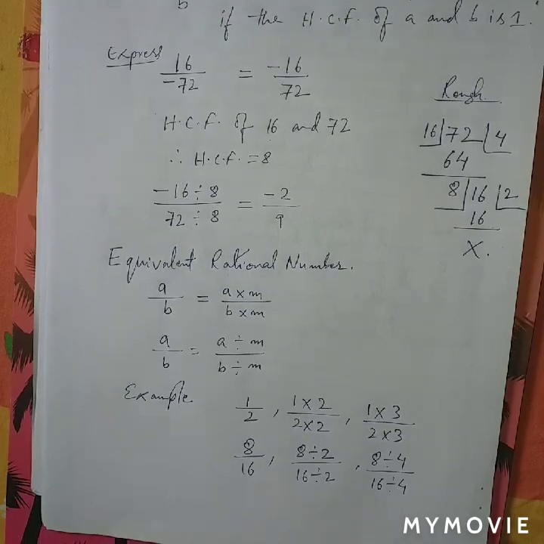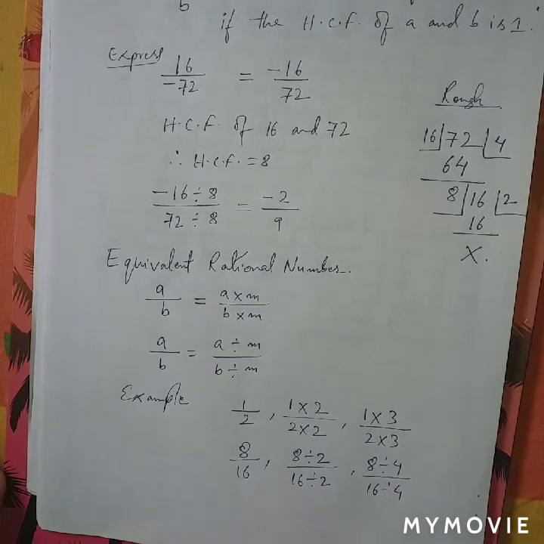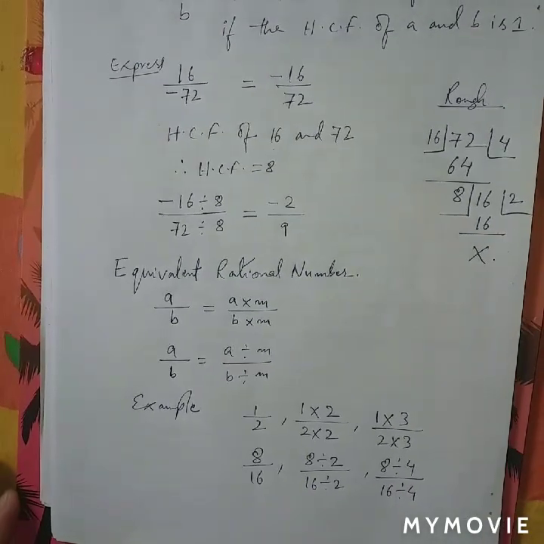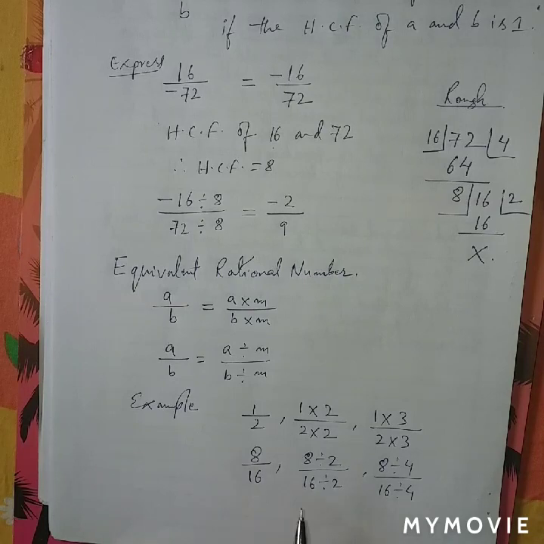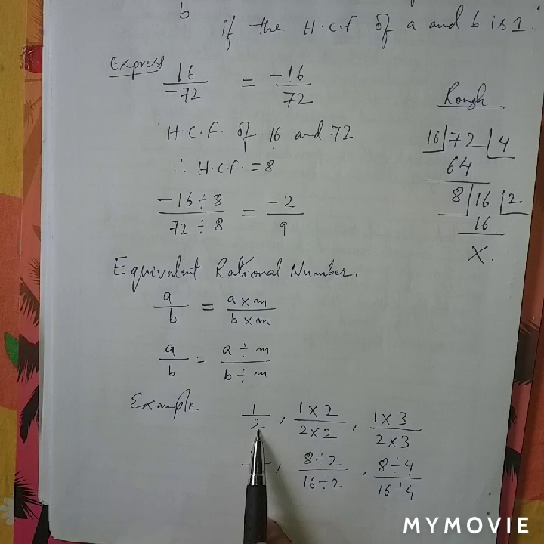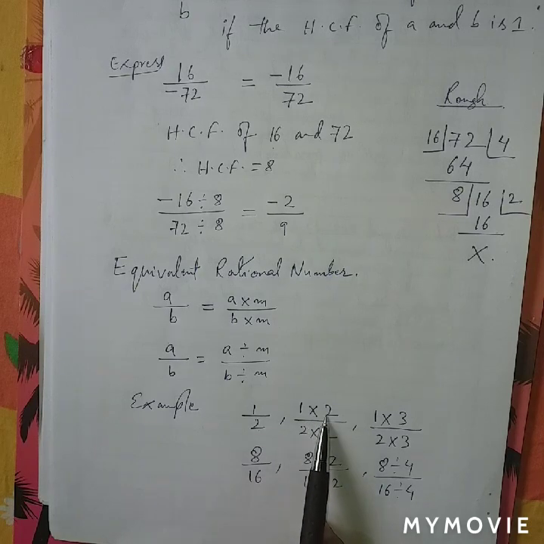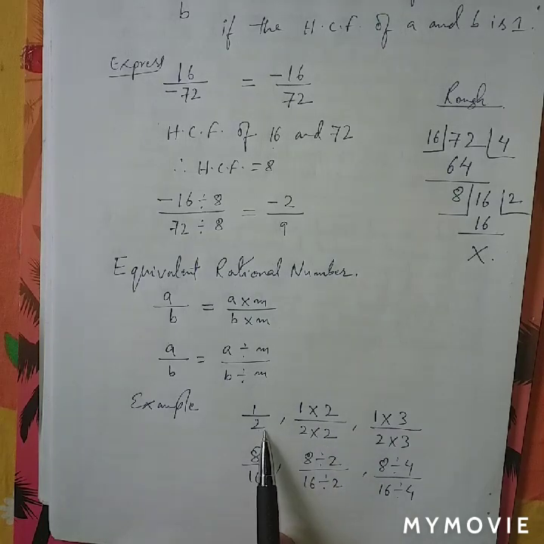You can see my work, as it was not captured by the camera. Now just see, here I can show you. This is the example. 1 by 2 is a rational number, and if you multiply the numerator by 2 and the denominator by 2, the value we obtain will be equal to 1 by 2 only.